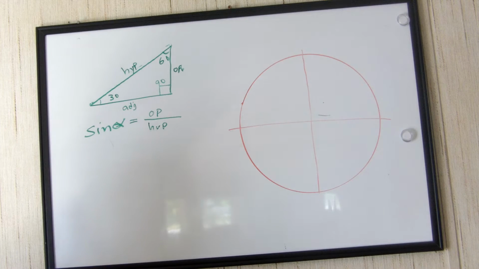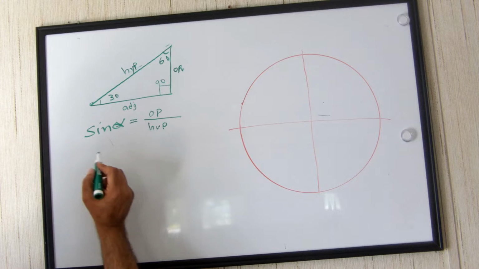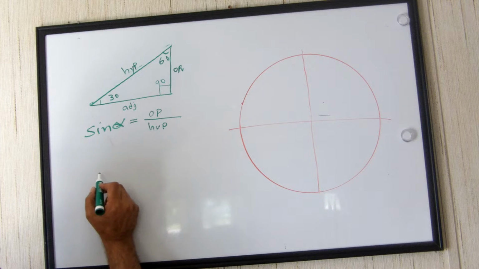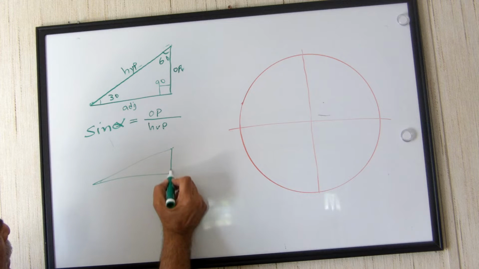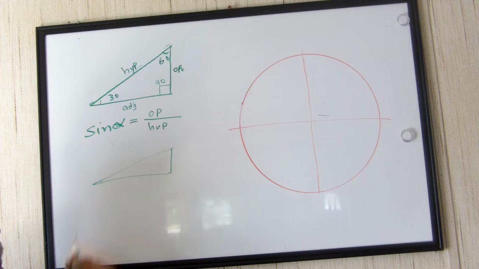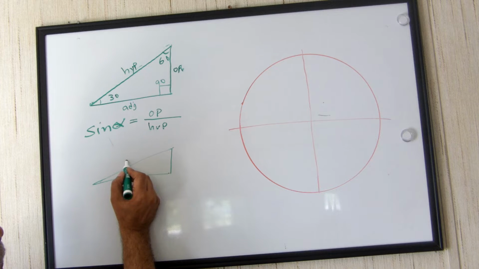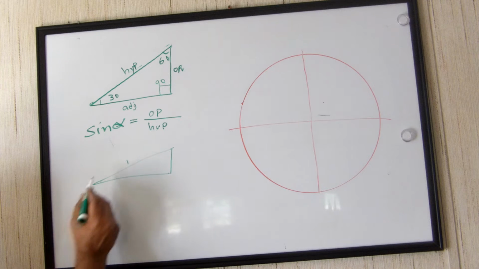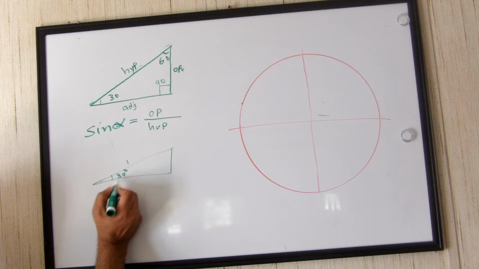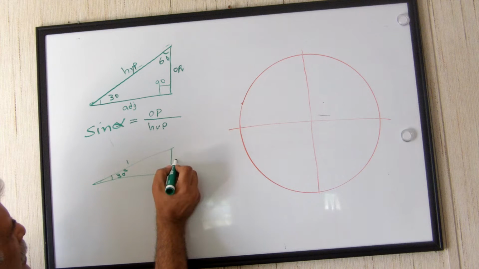Let's see here. If you have, for example, a triangle we talk about here, this is the hypotenuse. If this is 1, and this is 30 degrees, the sine of 30 degrees is going to be 0.5.